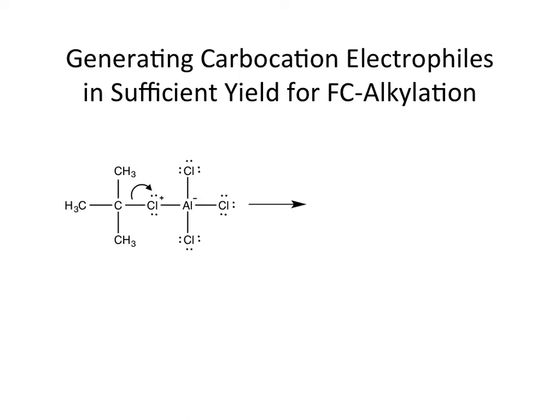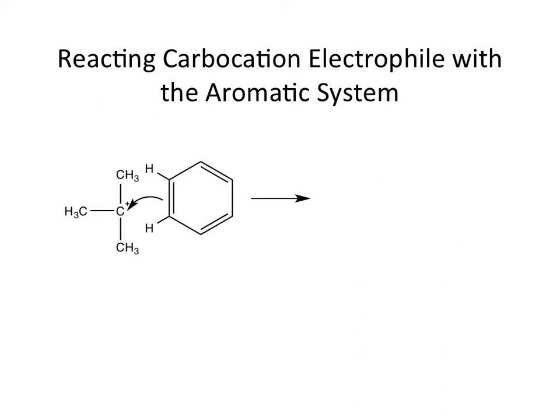So here we see the complex. We see the electrons going with the chlorine in a classic leaving group pattern. And you get the carbocation product, which will be our electrophile for the Friedel-Crafts alkylation. So, our carbocation acts as electrophile.